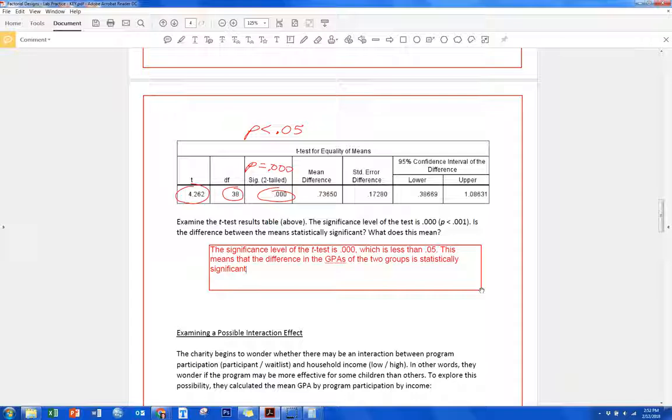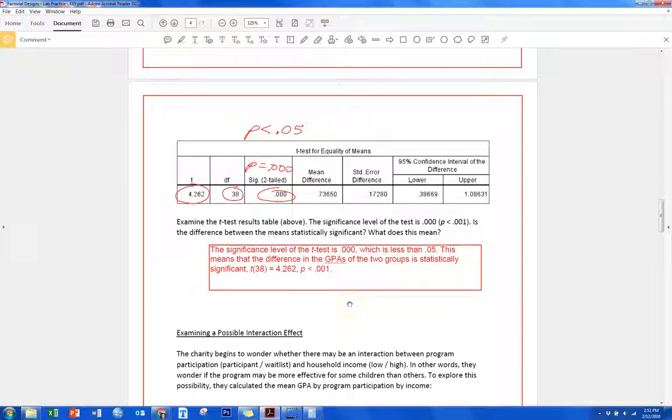If we want to report this using APA conventions, we'd put a comma at the end of our sentence, t in italics, degrees of freedom is 38, equals 4.262, comma, p in italics is less than 0.001. There we go. So this would be the next highest cutoff point, 0.001.